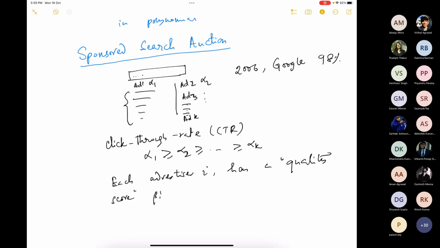So for each ad, it is assumed that whether it is clicked or not will depend on two things. One is the quality of that ad: how good is that ad? And second is where it is shown, in which slot. So the probabilities for the slots are alpha 1 to alpha k, and the goodness of the advertiser is encoded with this quality score beta i.